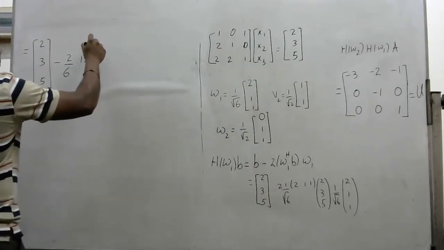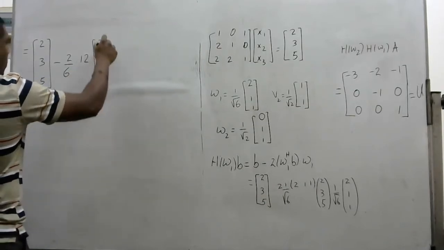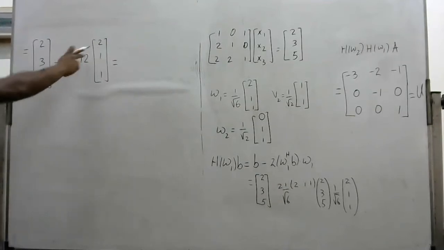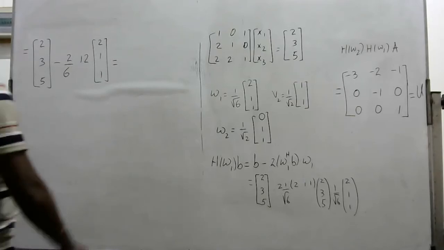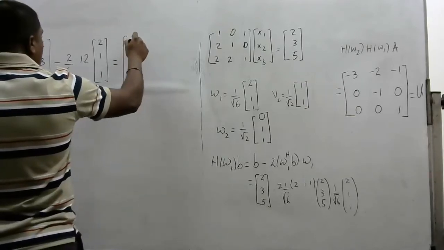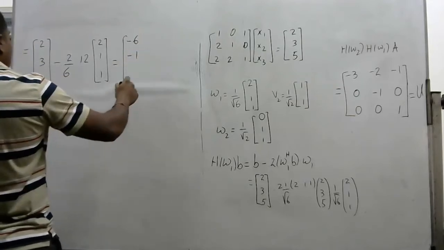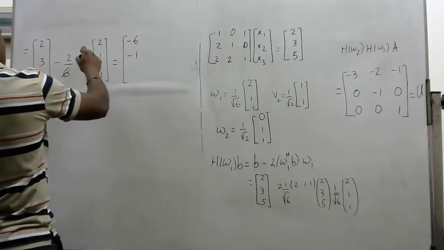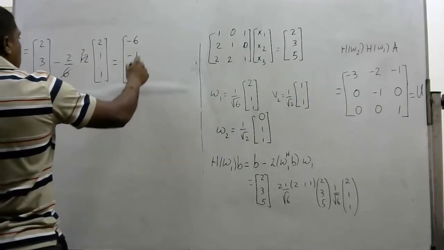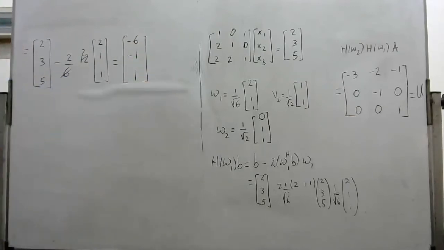Times 2, 1, 1, and that is clearly 2, 2, 4. So 2 minus 8 is minus 6, 3 minus 4 is minus 1, and 5 minus 4 is 1.